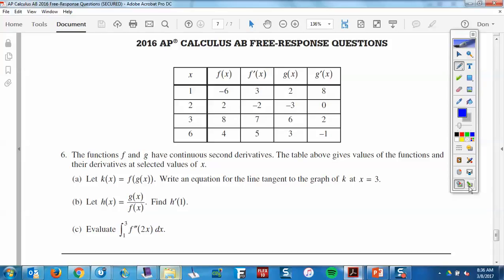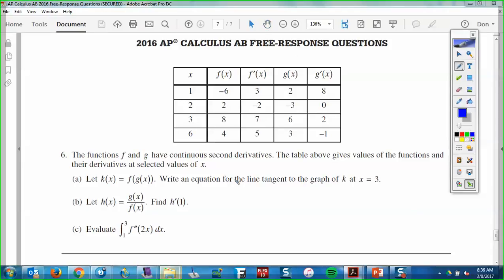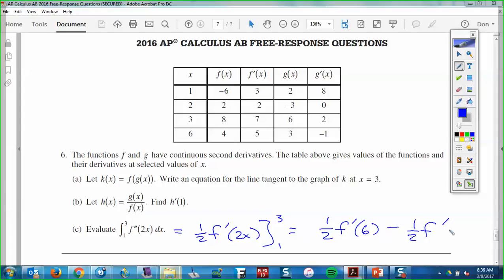Okay, there's number 6. So we were talking here about this. So this is just a quotient rule. But what about this? So the antiderivative of f double prime is 1/2 f prime of 2x, from 1 to 3. So it'd be 1/2 f prime of 6 minus 1/2 f prime of 2.